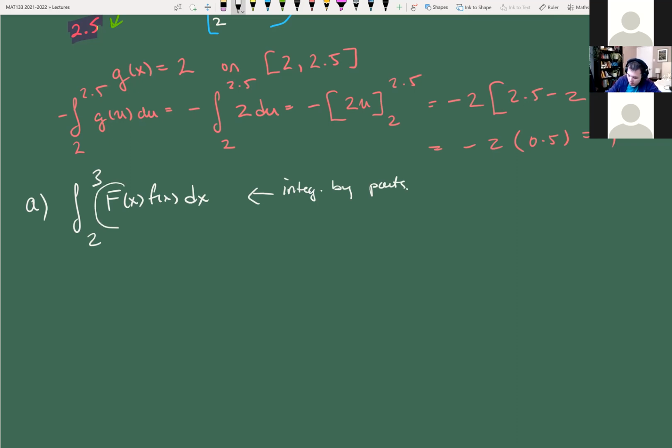In doing so, you can differentiate this thing, and you know that the derivative of capital F is little f. That's great because that's going to make your life really easy. Everywhere that capital F and capital G appear, if you use integration by parts, you can manage to make it disappear. That's sort of the key to this problem.